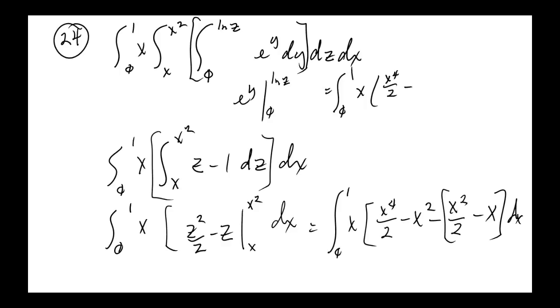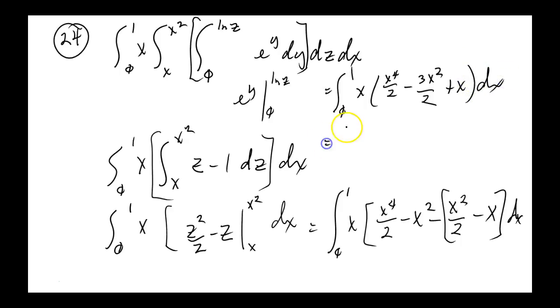Minus x squared over 2, that would be minus 3x squared over 2. Plus x. Now we can distribute our x out.